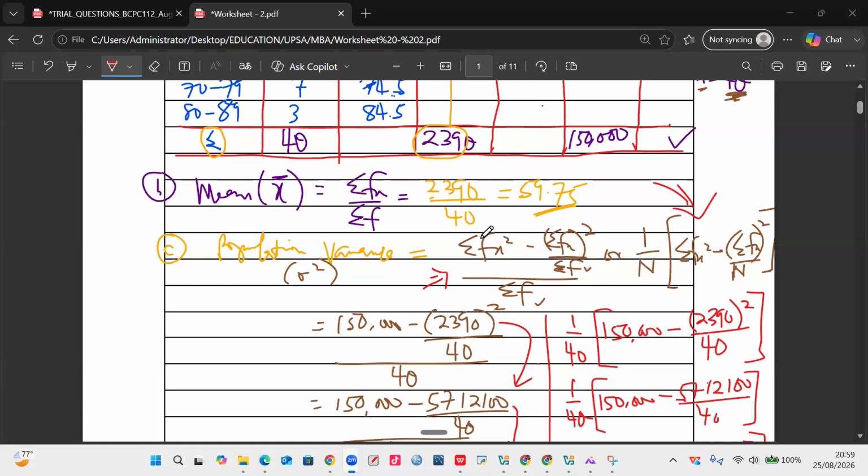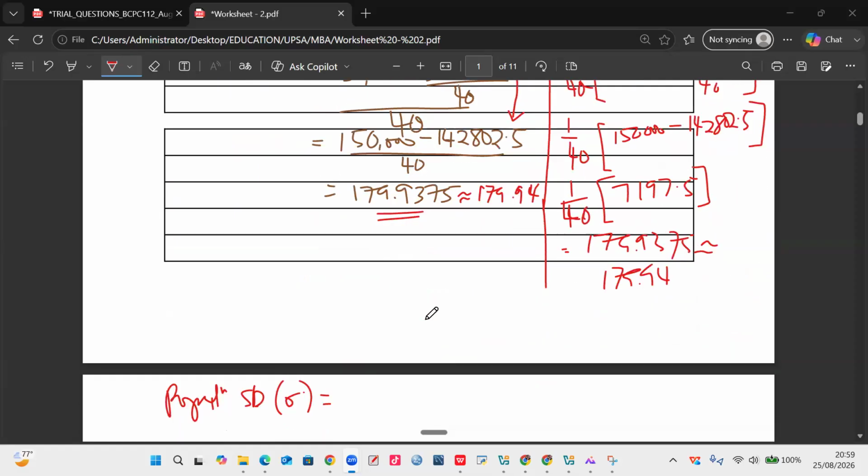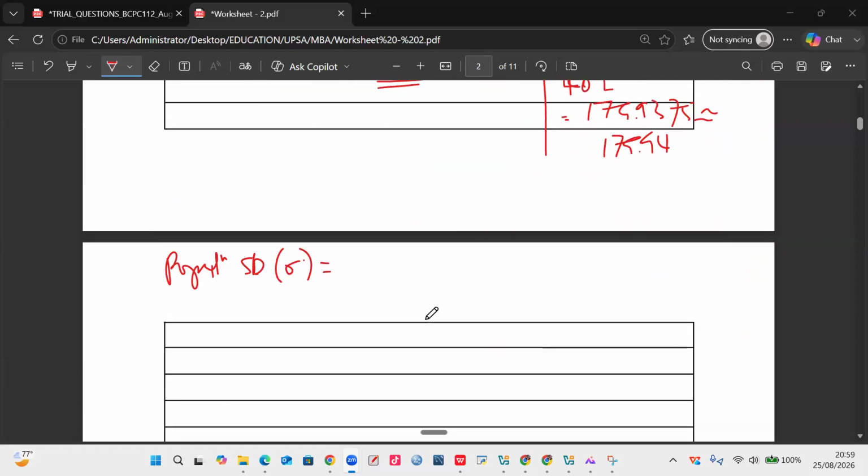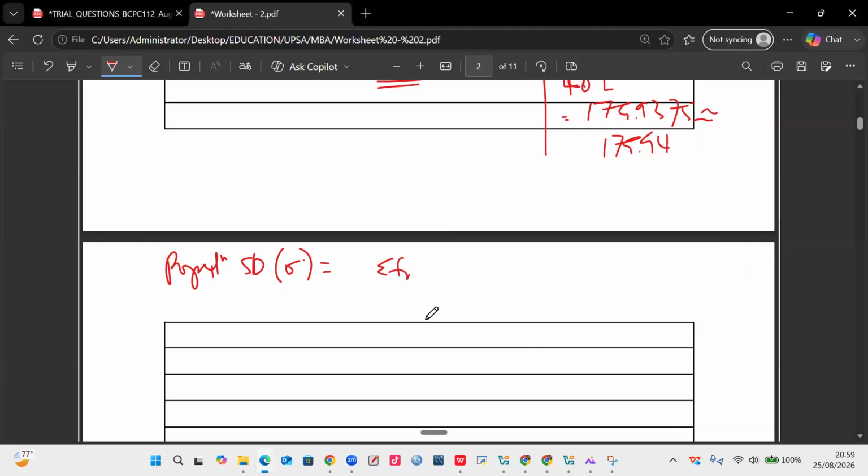So look at the variance. Look at this formula for the variance. Let's look at this one or that one, either of them. So I'm writing the formula for the variance. The formula for the variance is sigma fx squared minus sigma fx all squared over sigma f, all over sigma f. And the next one is 1 over n, square brackets, sigma fx squared minus sigma fx all squared over n.